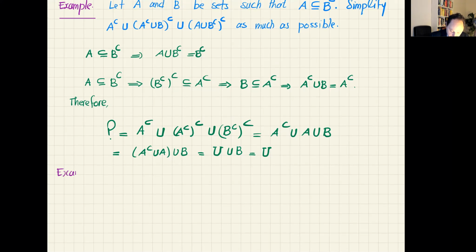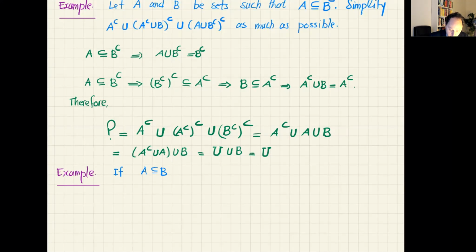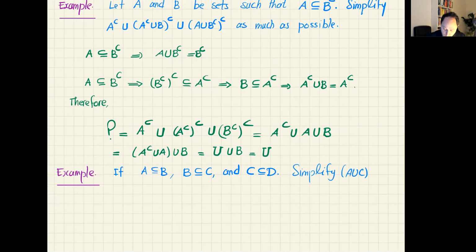So example: if A is a subset of B, B is a subset of C, and C is a subset of D. Simplify A union B union C union D union B as much as possible.